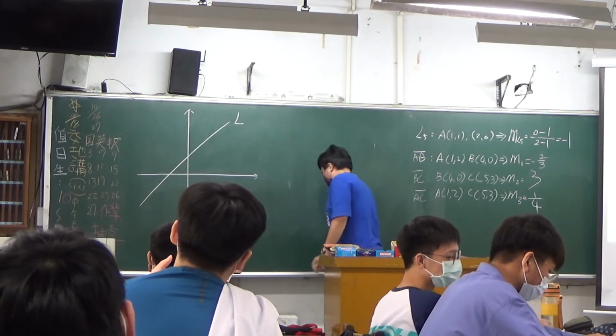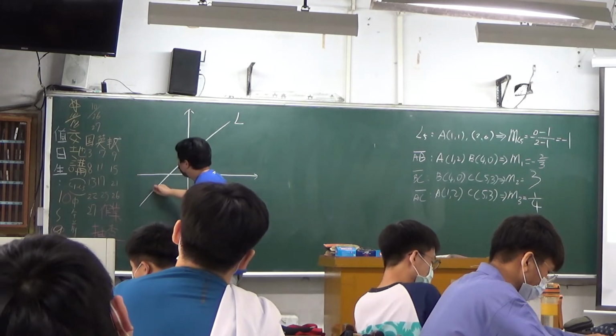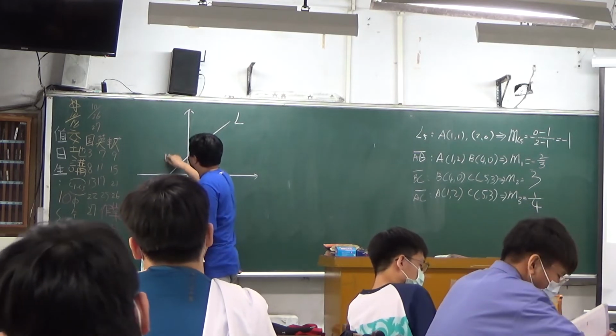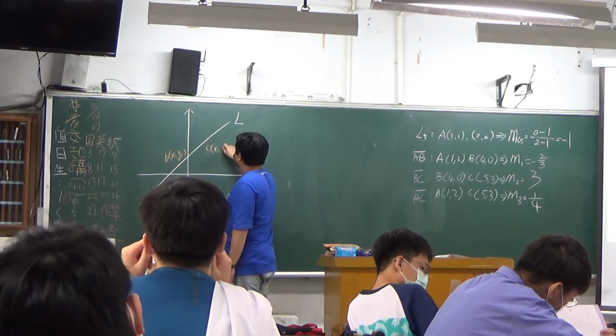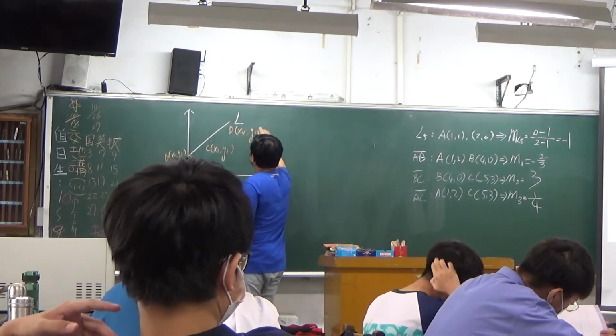Okay, this is line L. We have 4 distinct points. Suppose A (x1, y1), B (x2, y2), C (x3, y3), D (x4, y4).